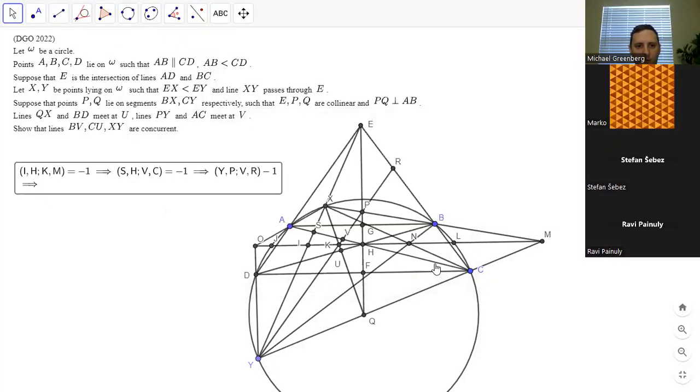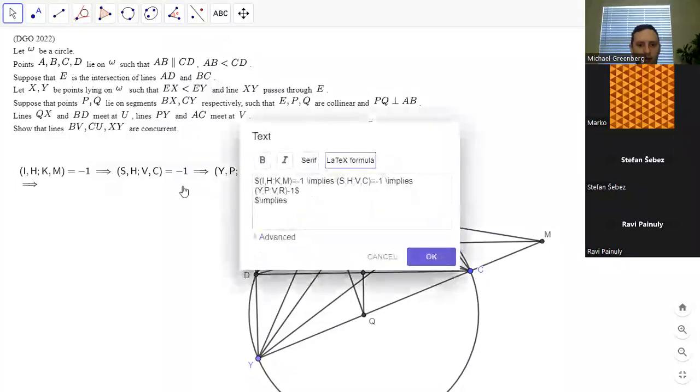So this means that I think this works. And that means that BY, BR, BV, BY, BP.